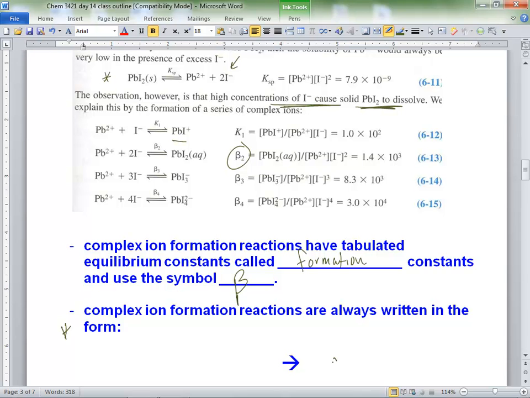So the complex ion goes over here, and its ions go over on this side. It's kind of the opposite of KSP. Hey, can the complex ion itself be in the formation constant expression of products over reactants? As long as it doesn't have a subscript S, solid or liquid, yeah. It'll be there.